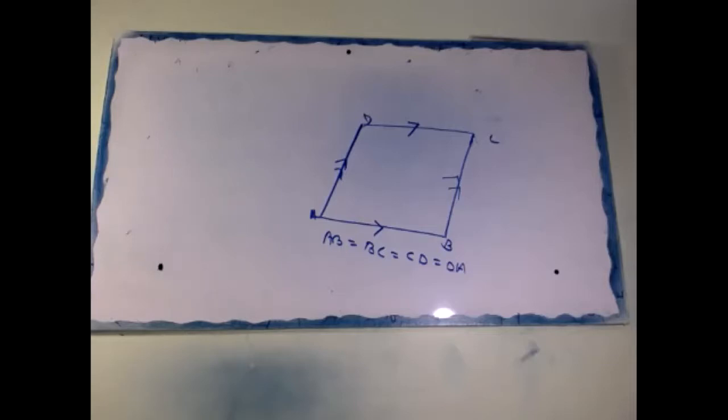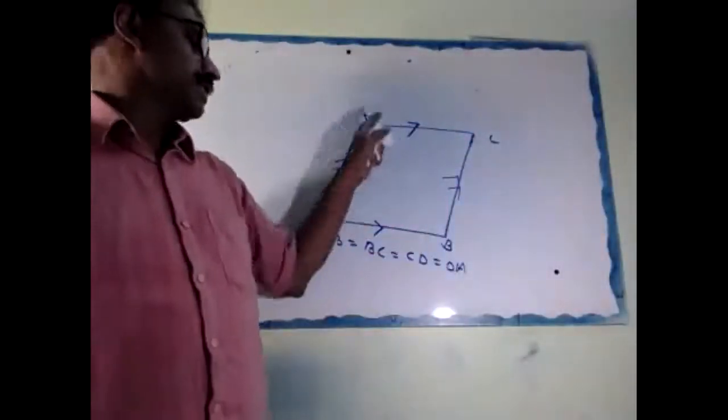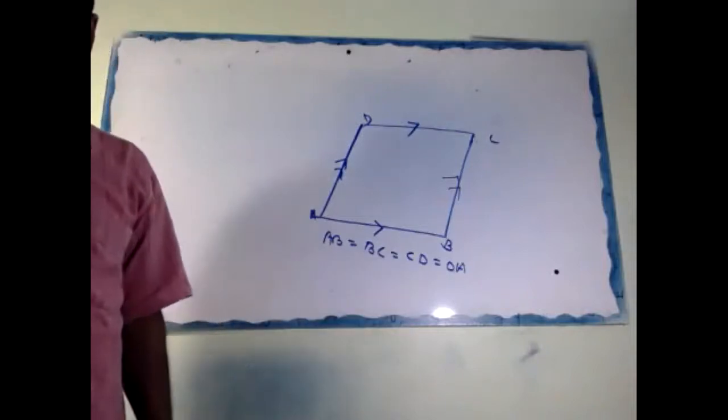ABCD is a rhombus in which AB is parallel to DC, AD is parallel to BC, and AB equals BC equals CD equals DA.